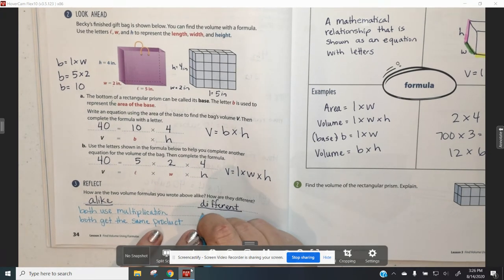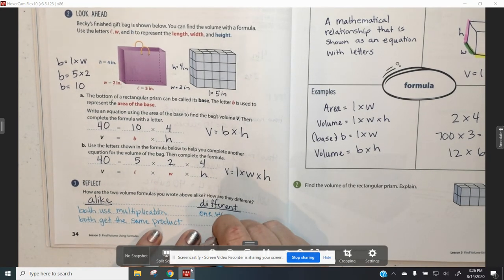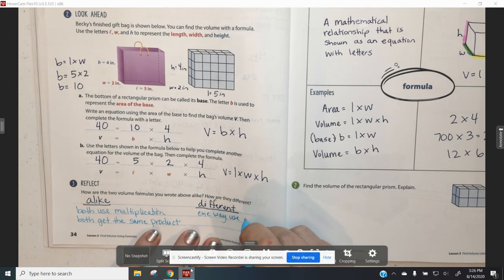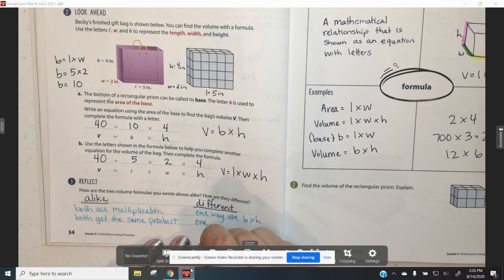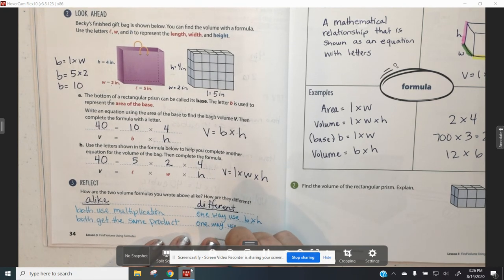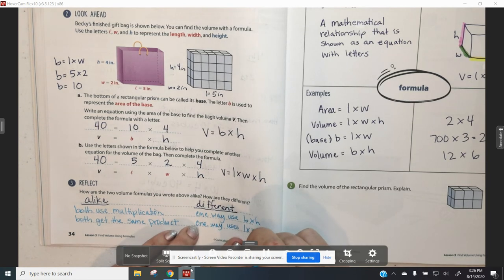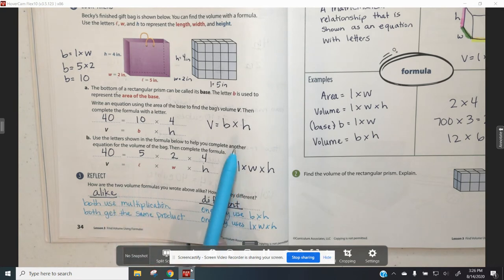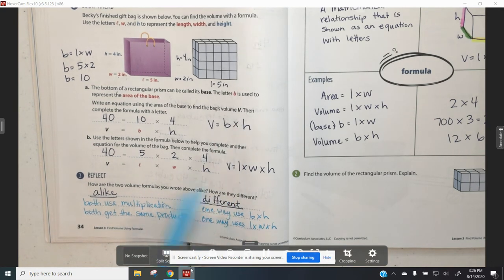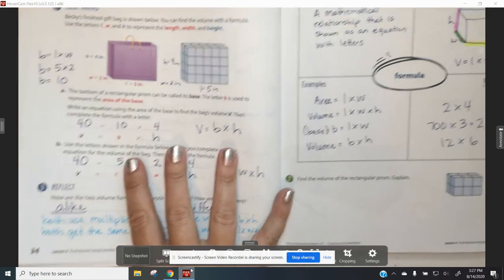They're different because one way uses base times height, and another way uses length times width times height. So you're going to get the same answer no matter which formula you use. It's really just up to your preference as to which formula speaks to you and makes sense in your brain. You can choose whichever way you'd prefer.